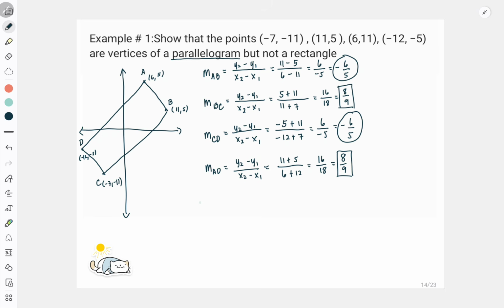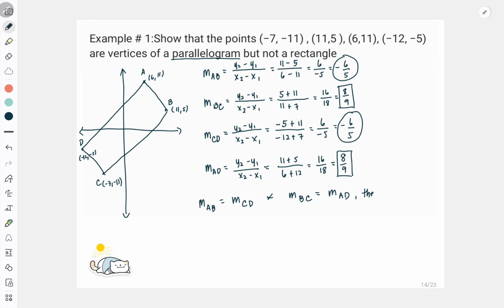So we could say the slope of AB is equal to the slope of CD and the slope of BC is equal to the slope of line segment AD.